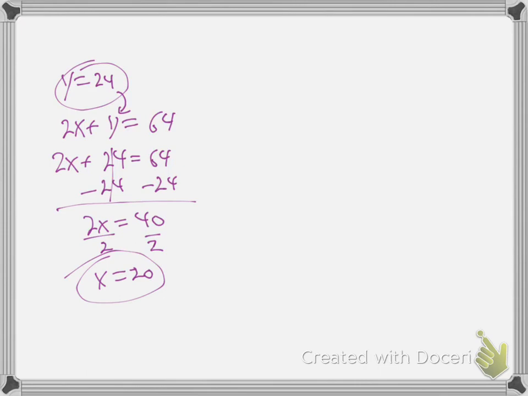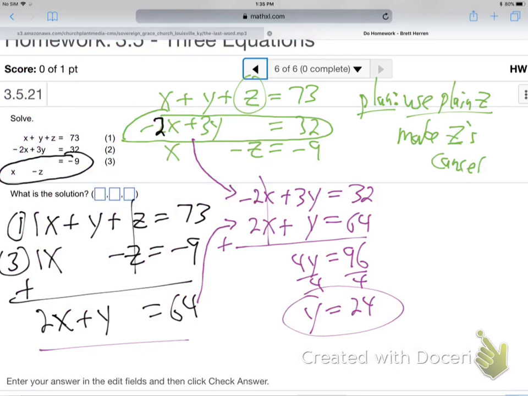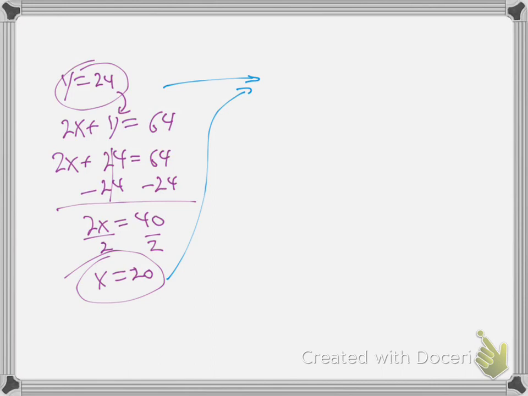We all getting this? We happy about this? Now we got x, now we got y. So go back to the beginning. Hey, the first one looks nice and easy: x plus y plus z is 73.